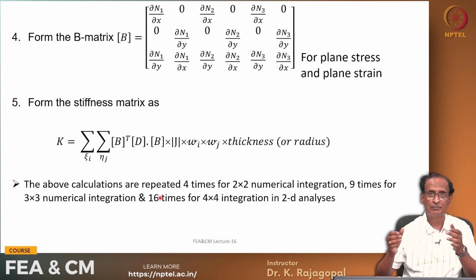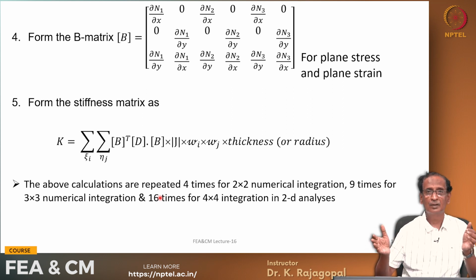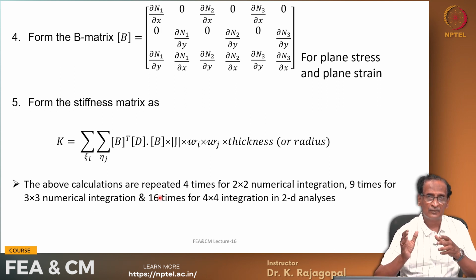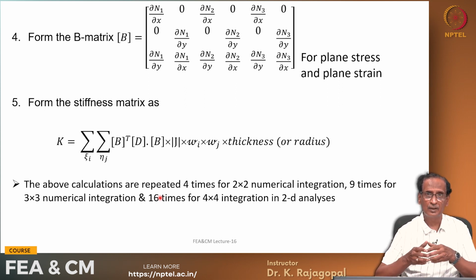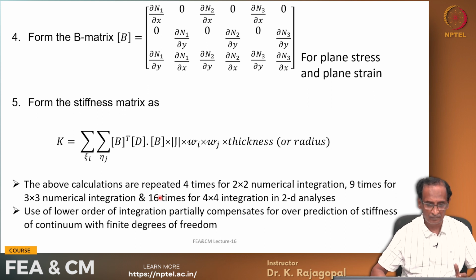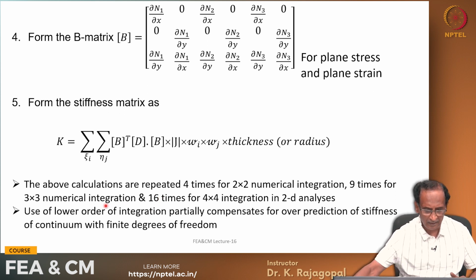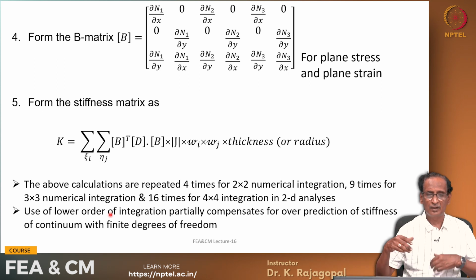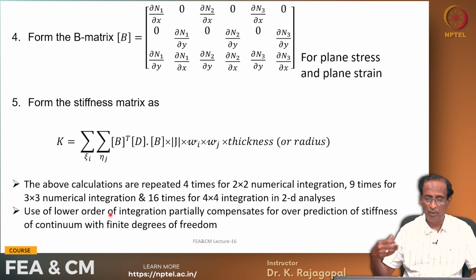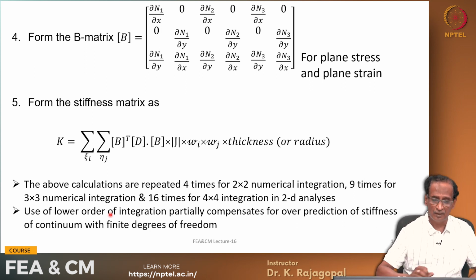But for any general, say 4 node quadrilateral or 8 node quadrilateral, the general thumb rule is use the lowest order of integration first, and then you also try with the higher order of integration, and then see whether the results are similar or not, so that we have confidence in the result that we get. And as I mentioned earlier, use of lower order of integration is better for us because we partially compensate for the over stiffness of the continuum.